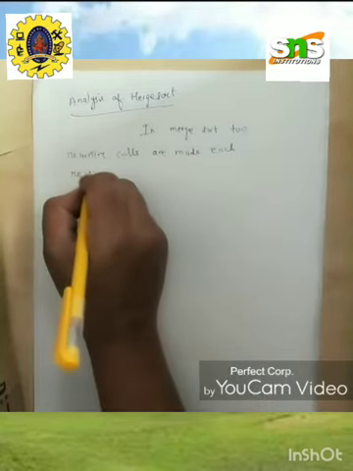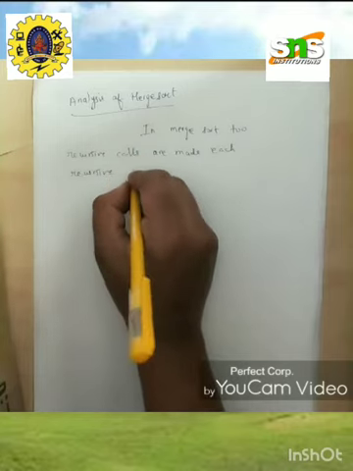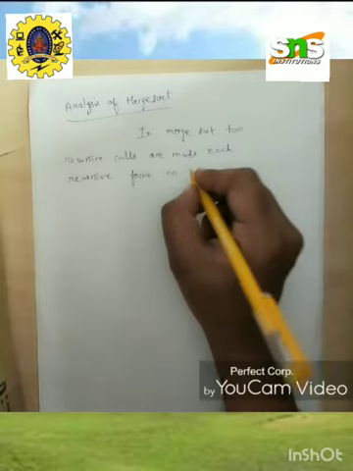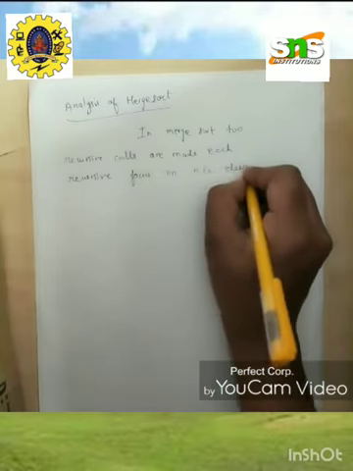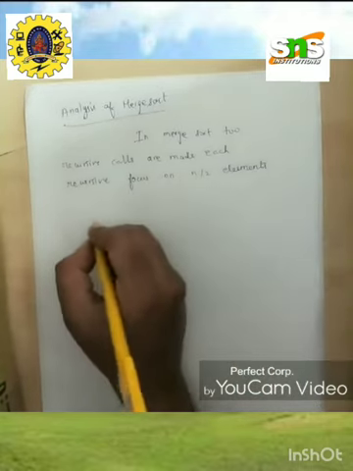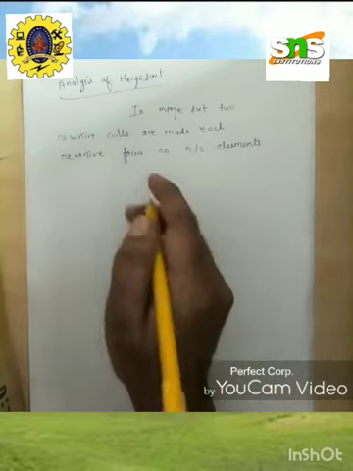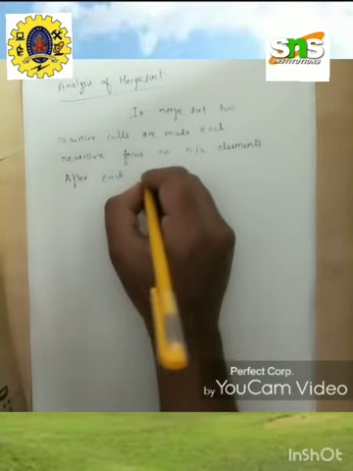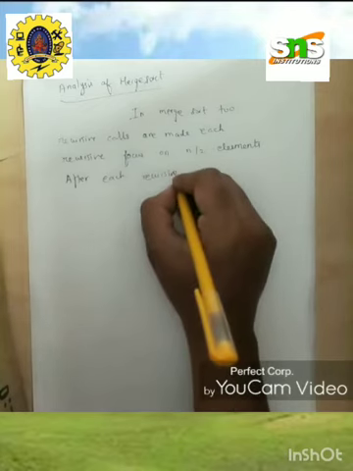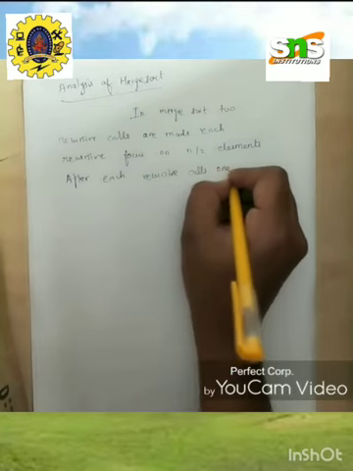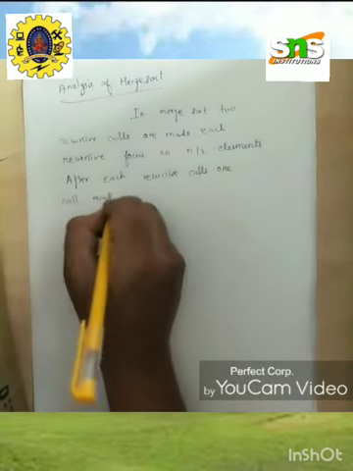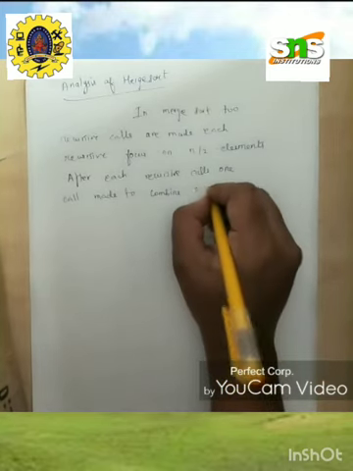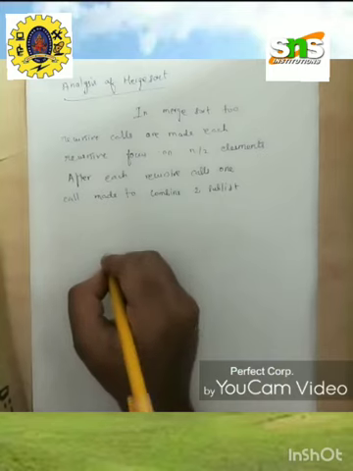Each recursive call works on n by 2 elements, and after each recursive call, one call is made to combine the two sublists. That is the merge function.